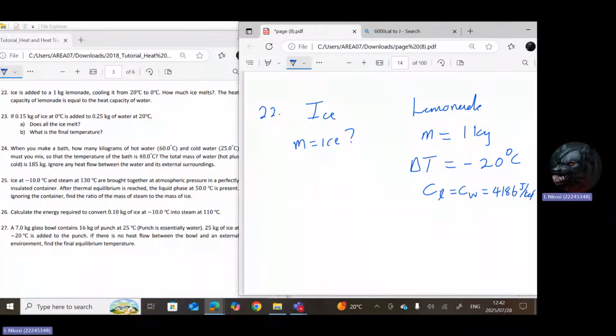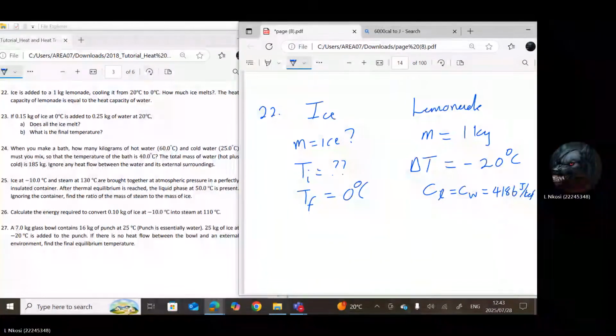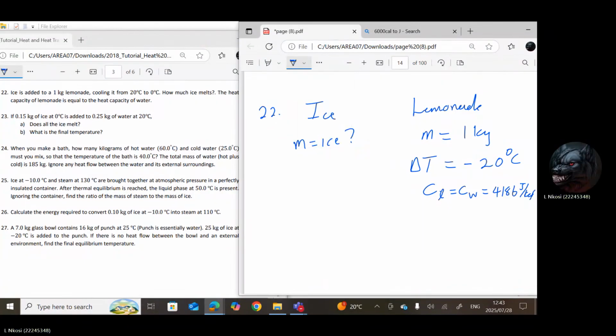We want the amount of ice that will melt, assuming the ice changes temperature. Since you put the ice in the lemonade, it will melt.